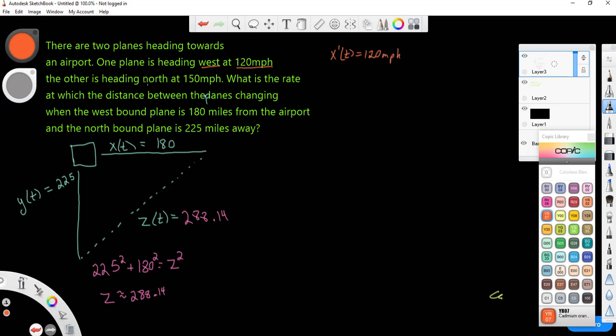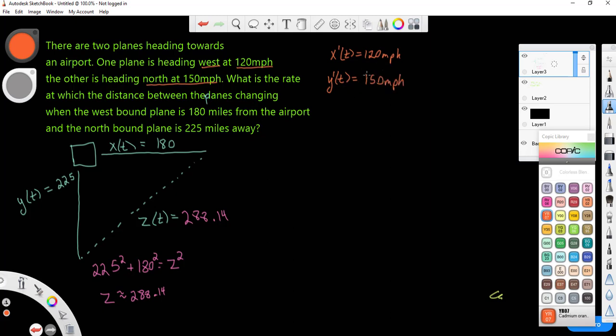Okay, and then I know the plane heading north is going at 150 miles per hour. So that means that this distance y is changing at a rate of 150. Remember, rate of change is the derivative, so y prime of t equals 150 miles per hour.